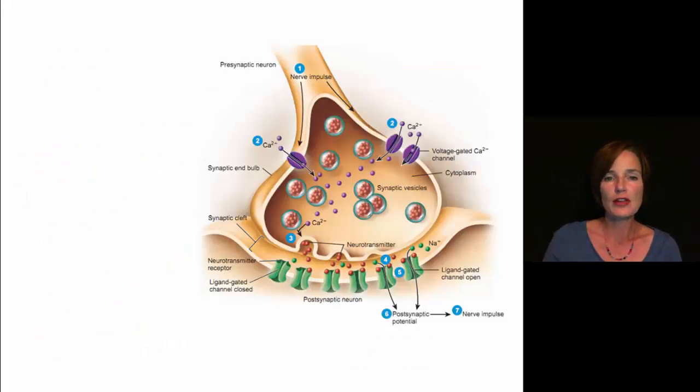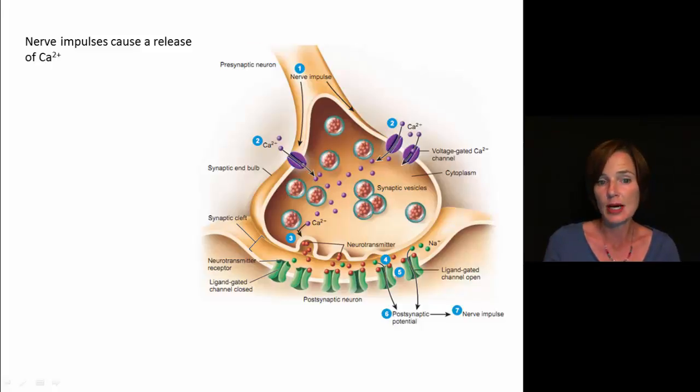Now, if we talk about the actual process, how it's going to work and what the individual steps are, if we look right here, we have a nerve cell and we see a nerve impulse that's going to be traveling down that. Nerve impulses specifically cause a release of calcium ions. So we will have this stimulation which will cause a release of calcium ions, which means that there's going to be this overall flow of calcium ions into this cell.